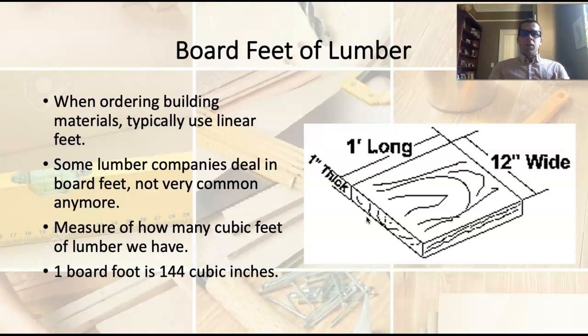All right, so a board foot is 144 cubic inches. If we multiplied a piece of lumber 12 inches wide times 12 inches long times 1 inch thick, that would equal 144. And we would divide that by 144 to turn it into one board foot.